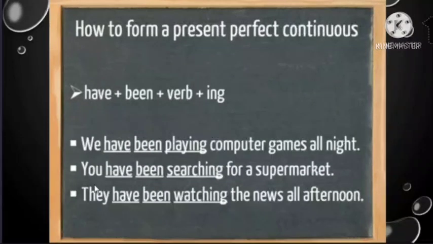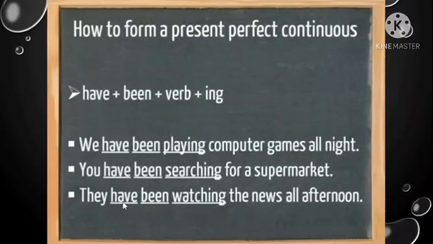Now let's look into the sentence with plural subject. We have been playing computer games all night. Here you see we is plural, more than one person. So we have used here have. We have been playing computer games all night. You have been searching for a supermarket. They have been watching the news all afternoon.